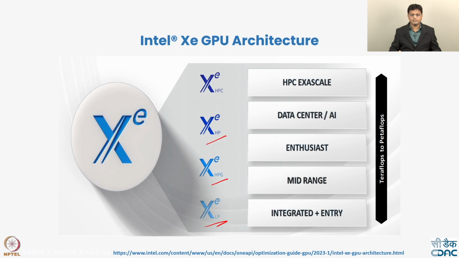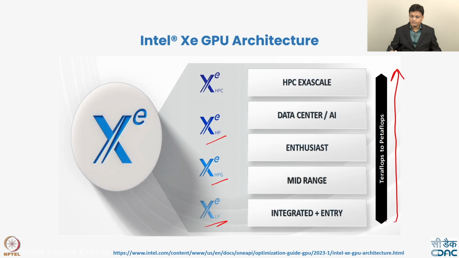Another category is Xe-HPC. The GPUs under this category are known as GPGPU category, and they are suitable for scientific and engineering simulations. Simultaneously, you can see here the compute capability of this category of GPUs is increasing from downward to upward.